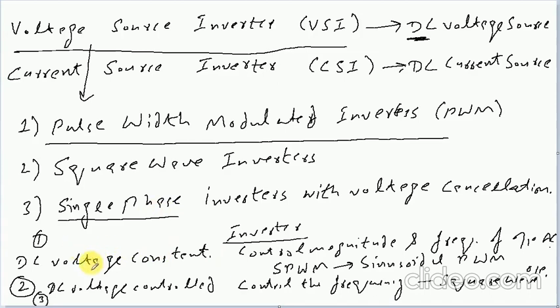So with PWM type of inverters, when the input DC voltage is constant, the inverter has to control the magnitude and frequency, and that is done with the help of pulse width modulation, okay. In the case of single phase inverters with voltage cancellation, even if the input voltage is of constant magnitude, that is, we have a DC voltage on the input side which is constant, it is still possible to control the magnitude and the frequency of the inverter output voltage.